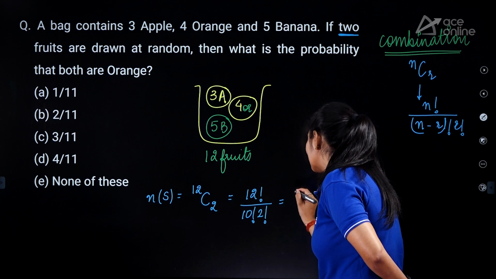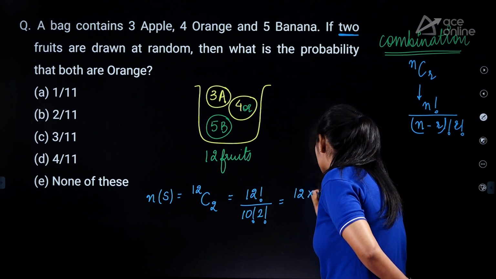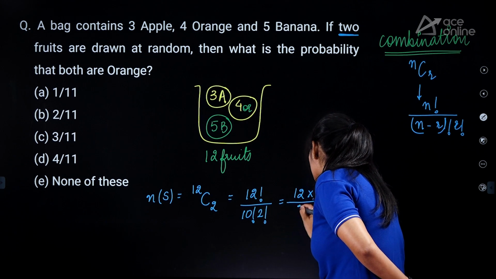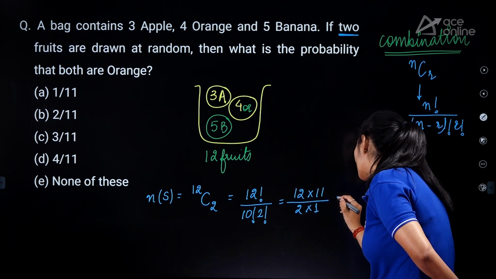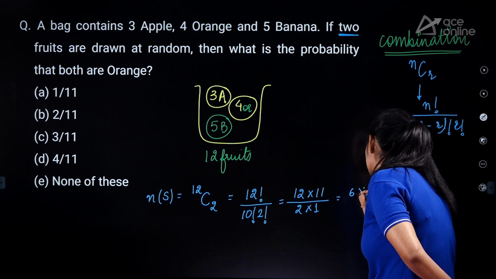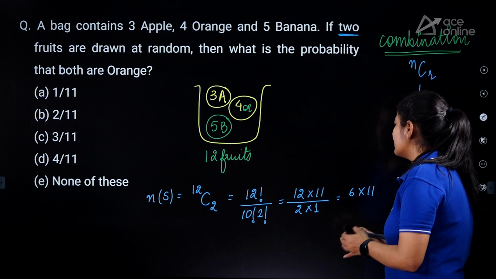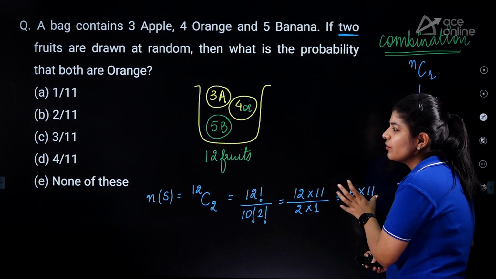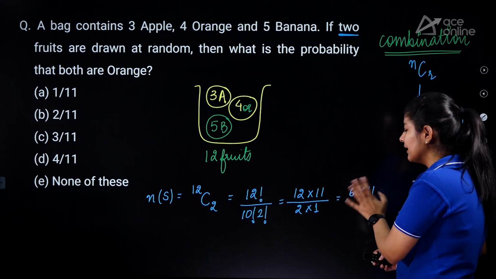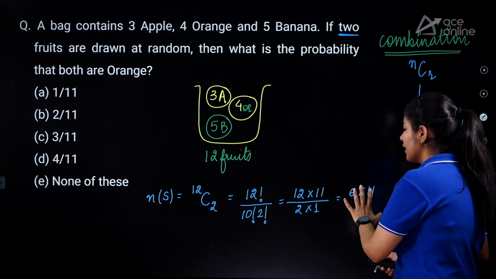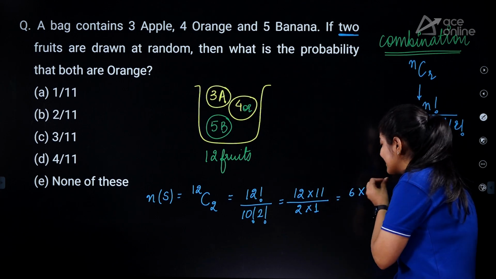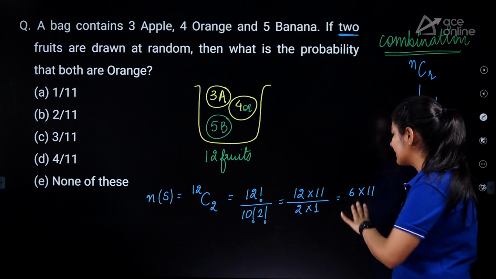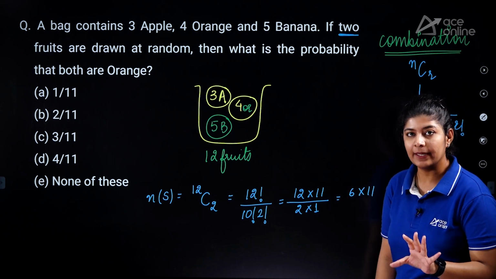And we can directly write it as 12 into 11 divided by 2 into 1, right? And in short, I can write it as 6 into 11, right? I'm not combining both these values, or you can also combine these values as well, right? It's completely your choice. So basically the sample space that we are having is of 66 elements, or we can say that 6 into 11 elements, right?